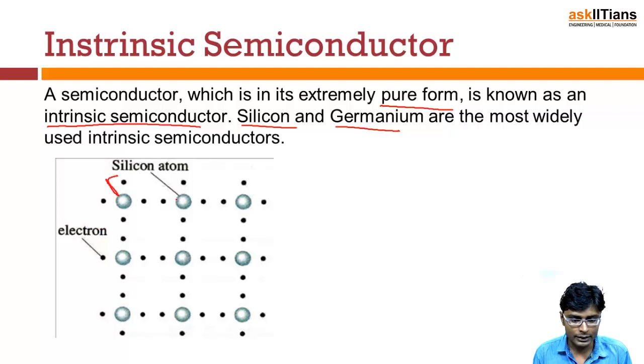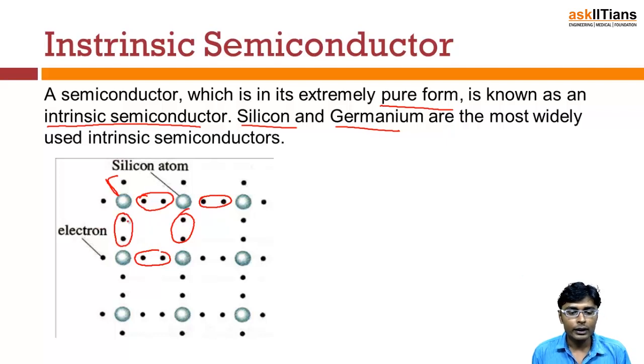Each silicon has 4 electrons in its valence shell, and it shares these electrons with the neighboring silicon atoms. So a covalent bond is formed for every pair. We can say that in a silicon structure, all the four valence electrons are covalently bonded, or shared with the neighboring silicon atoms.